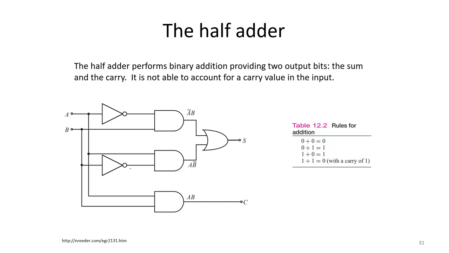So here's an example of how we can actually design a circuit to perform math. This half-adder circuit actually performs binary addition. So we have two inputs, A and B, and it will output a sum and a carry bit.